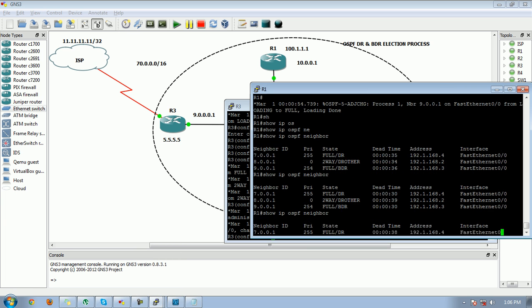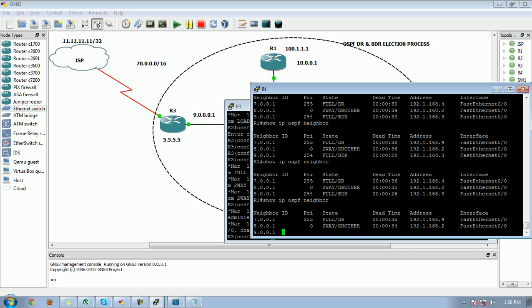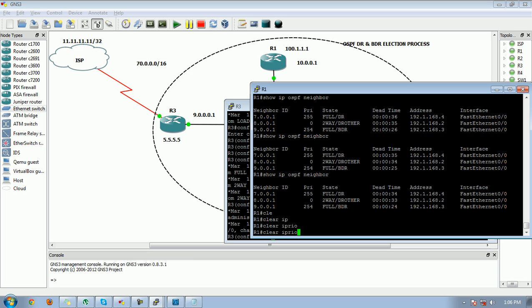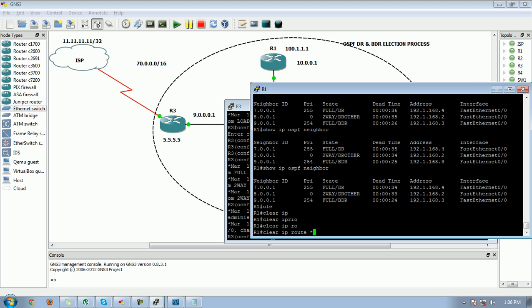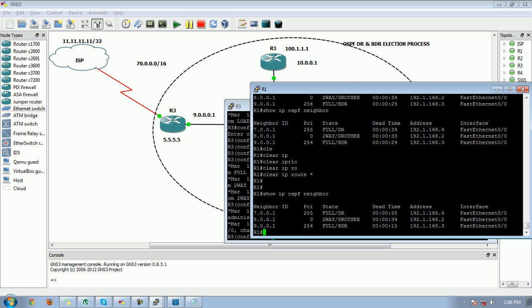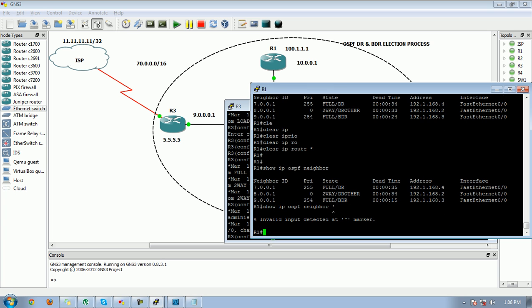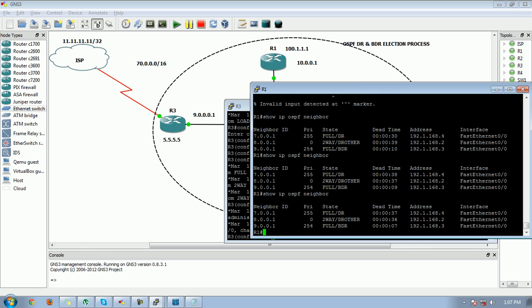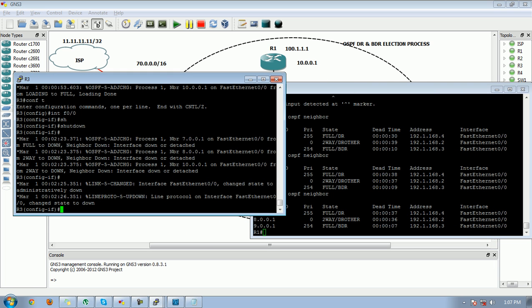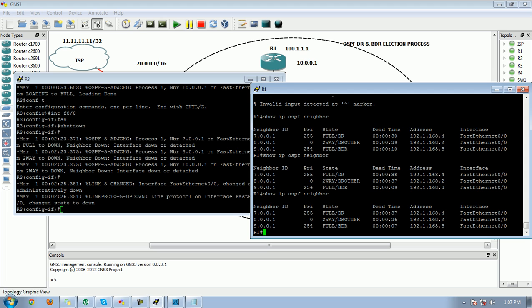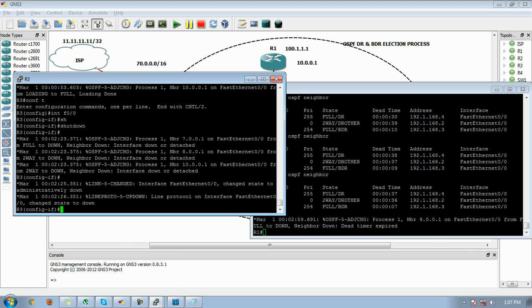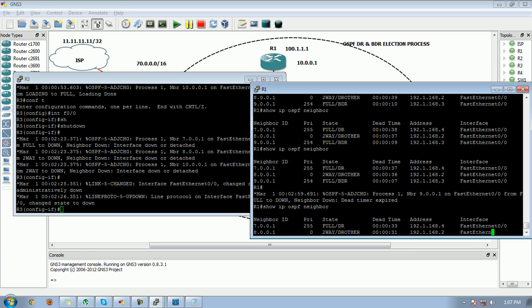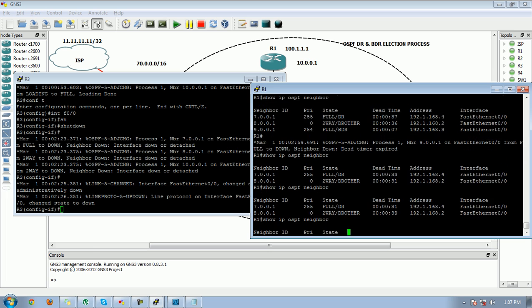No one is going to be a new BDR. Let's see. R3, yeah, now it is expired. See now, there is no BDR.